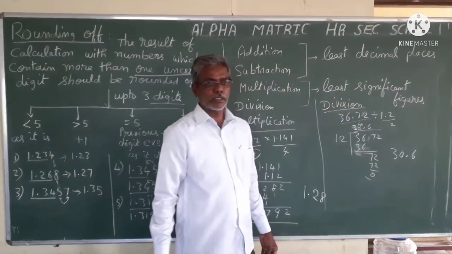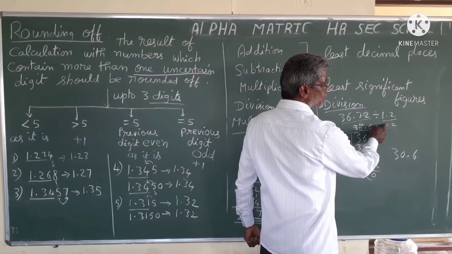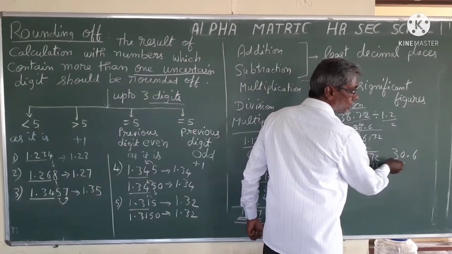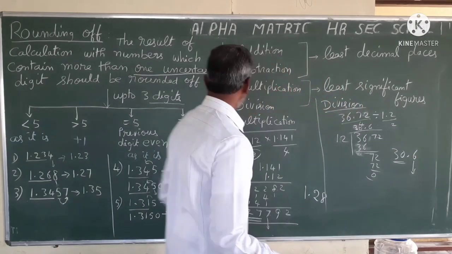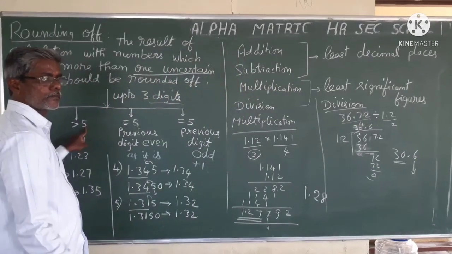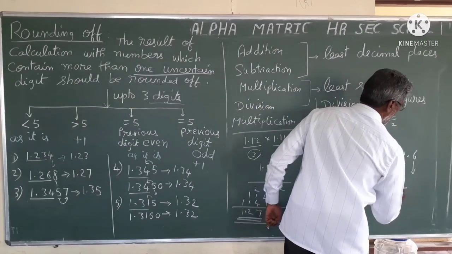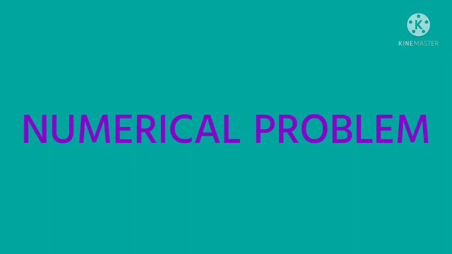So I am getting 30.6. So the least significant figure is what? 2. See the next digit? 6. It is greater than 5. So you must add 1 to the previous digit. That means my answer is 31. I think it is clear.